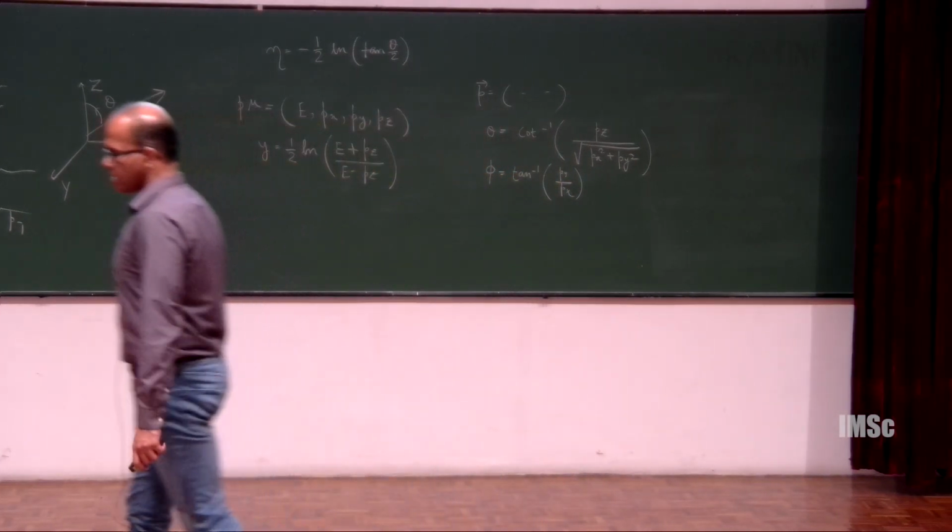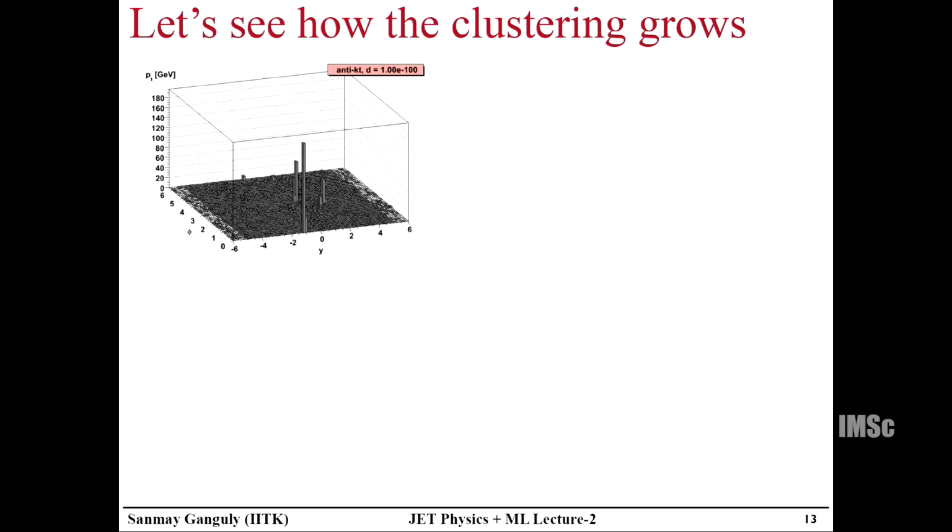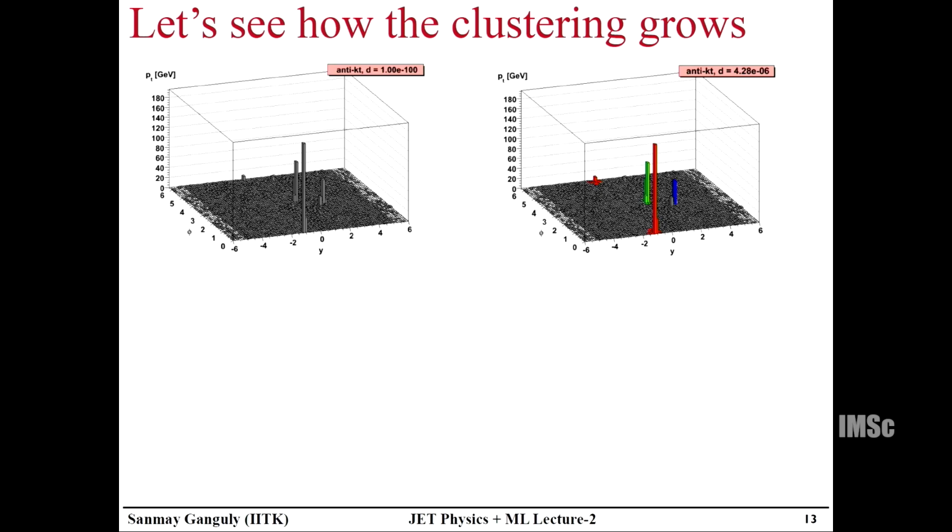Okay, great. So now it's visually good to see how this clustering grows. In the rapidity-azimuthal angle plane, this is a plot from the 2008 anti-KT paper. Let's say you're given a bunch of particles, and the size of the vertical towers denotes the pT of the particles. When you feed it to the anti-KT algorithm, you see initially the clustering starts happening around the highest pT particles.